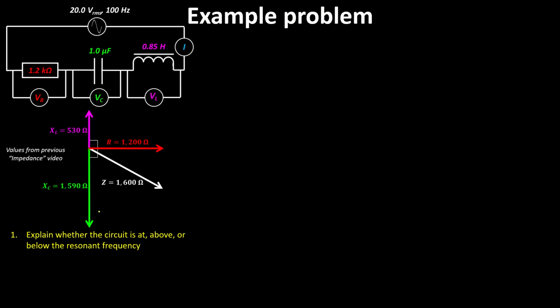So if we start with question 1, at, above, or below the resonant frequency. Now the important thing here is how do XL and XC compare? The first thing to notice is that XC is greater than XL, okay? And remember, XC is higher at low frequencies, okay?